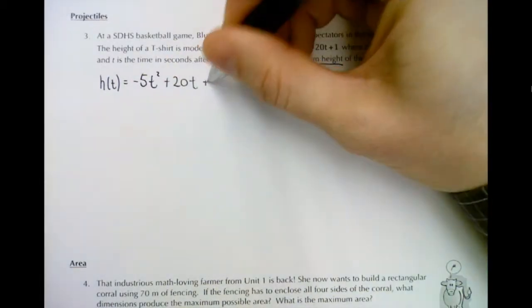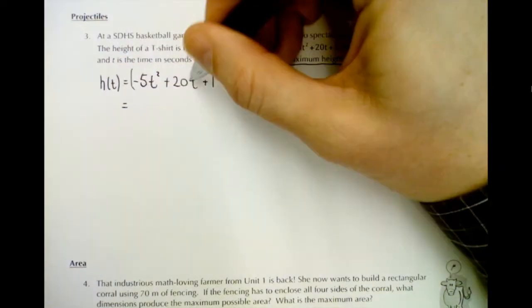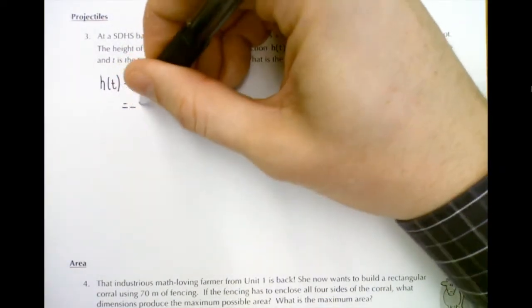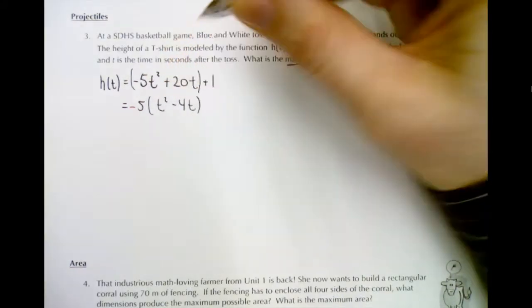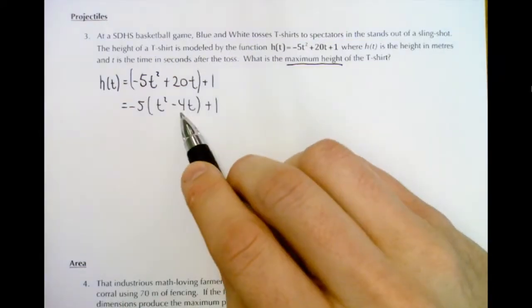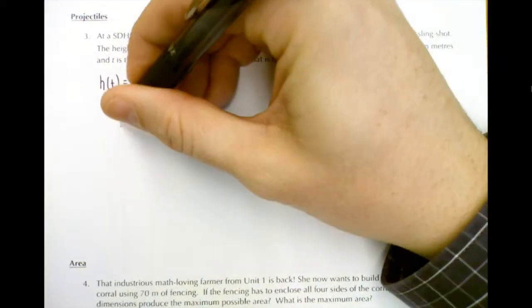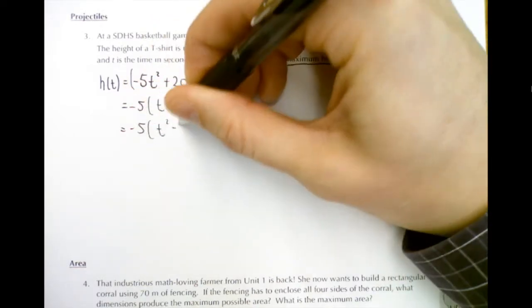So complete the square, group the first two terms, and common factor the negative 5. So we've got negative 5 in front. t squared minus 4t plus 1. Take the number in front of the second term, negative 4, and divide it by 2, which is negative 2, and square it, which gives us 4.